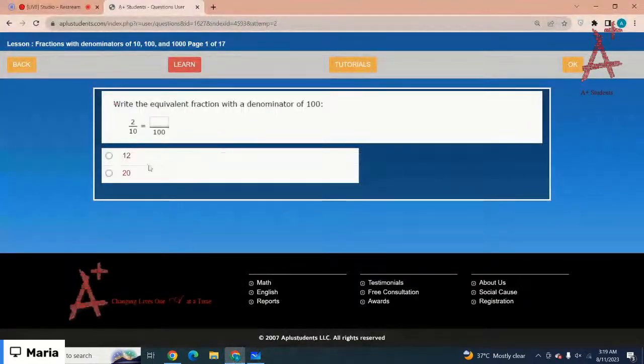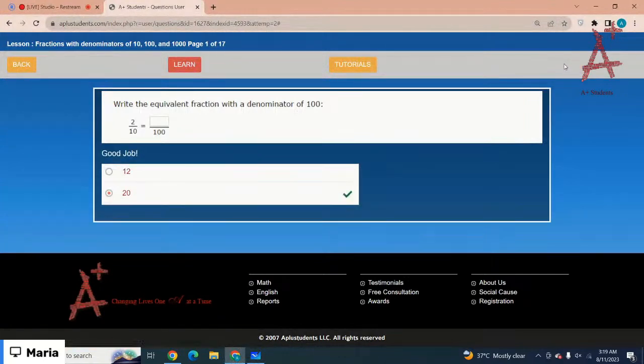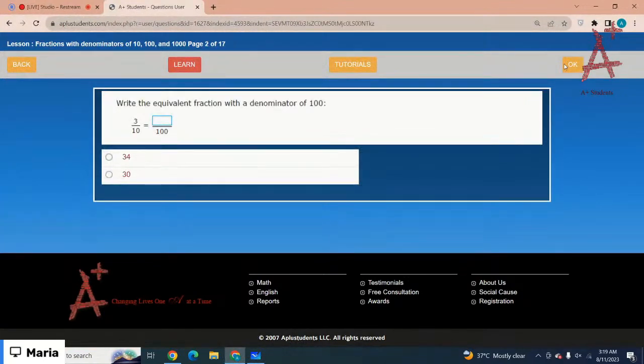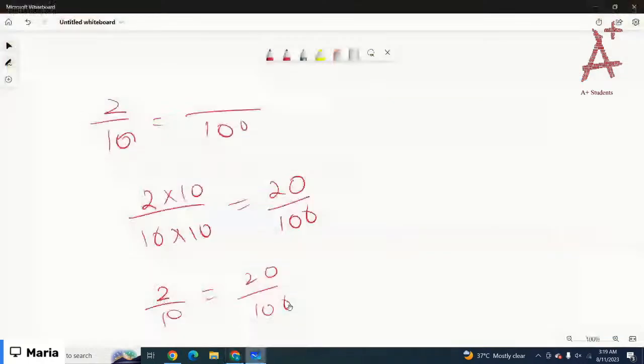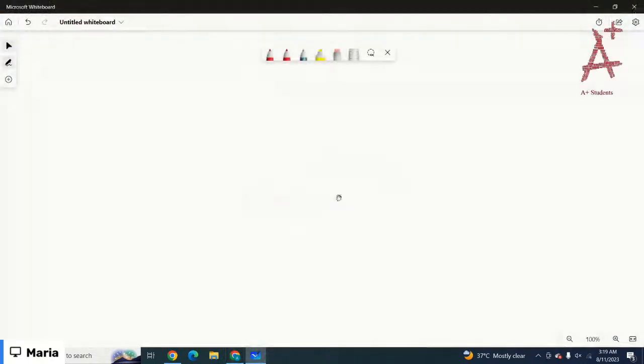Okay, the next one, that is 20 over 100. Write the equivalent fraction with a denominator of 100. It is 3 over 10. You have to write down the equivalent fraction that has the denominator 100. 3 over 10 equals the missing number over 100.